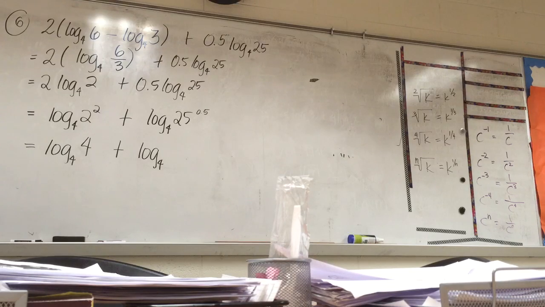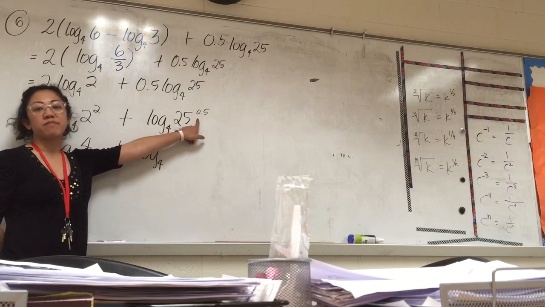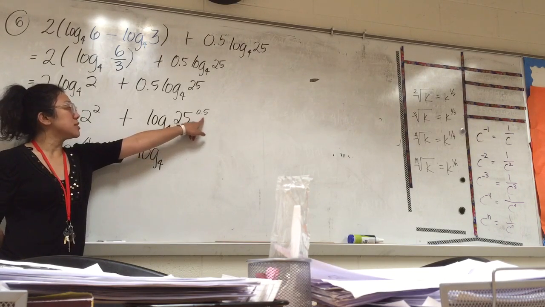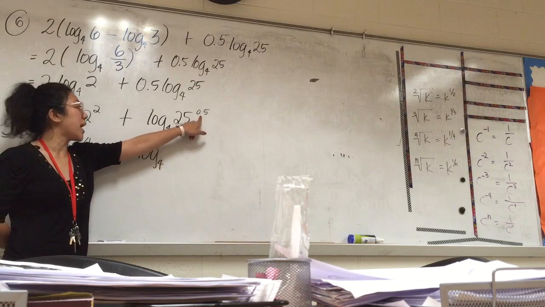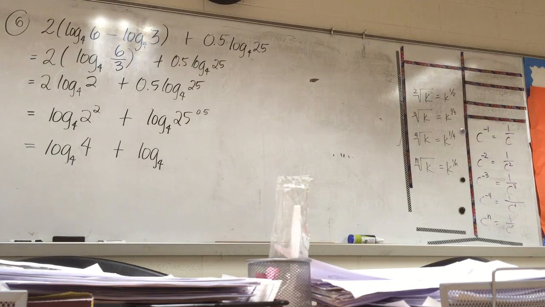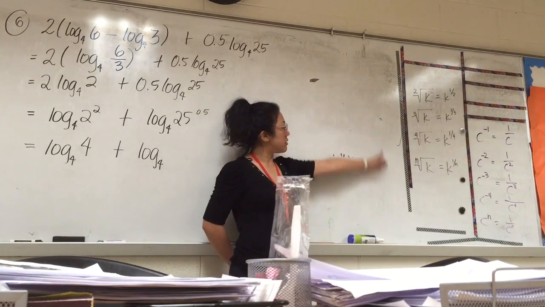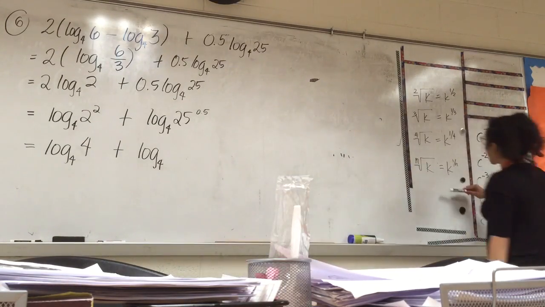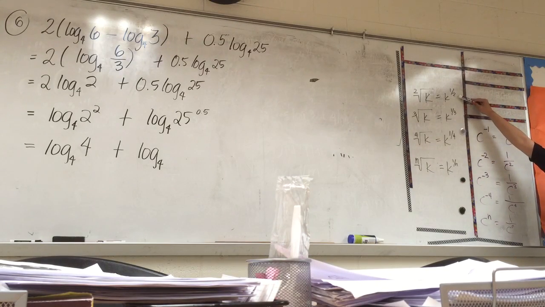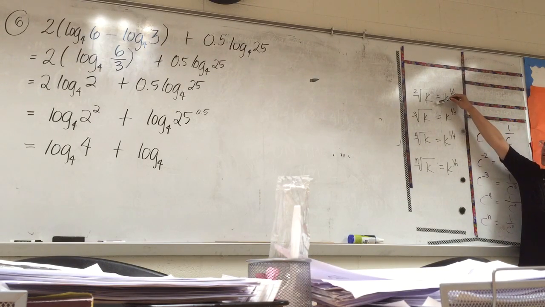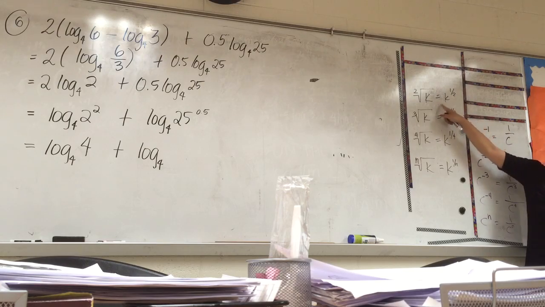And what is 25 raised to 0.5? Think about it. What does it mean to have an exponent of 0.5? That's a decimal exponent. 0.5 we can rewrite as 1/2. So remember what our fractional exponents do. If you see some of our notes over here, a fractional exponent like 1/2 will take the second root, or the square root, of the same base.